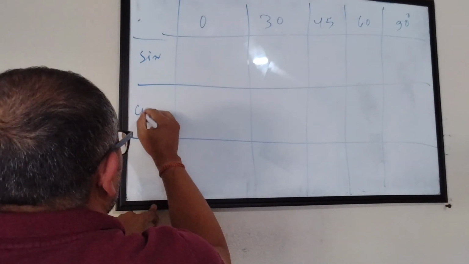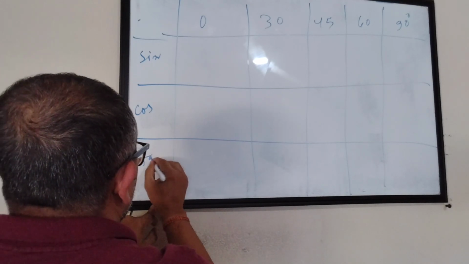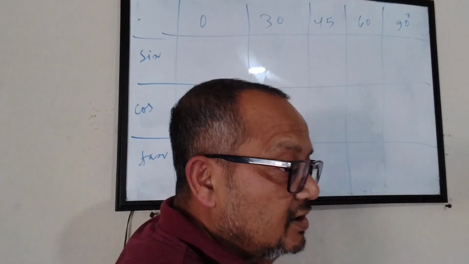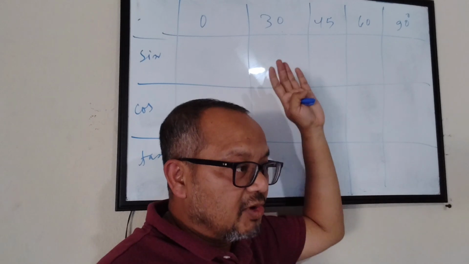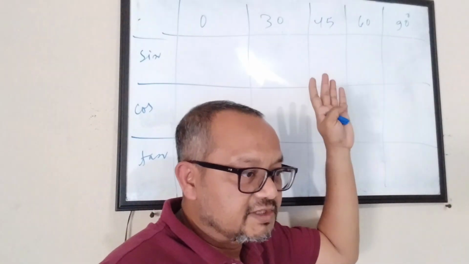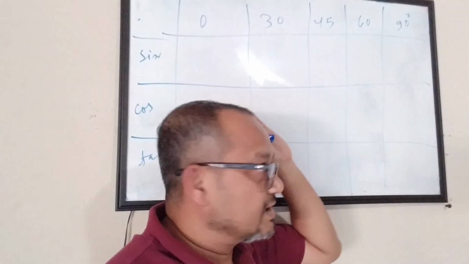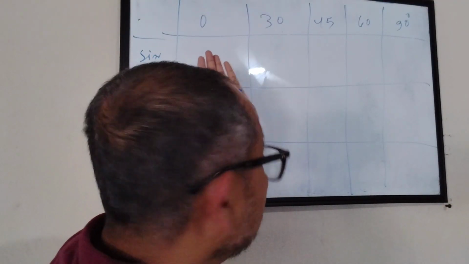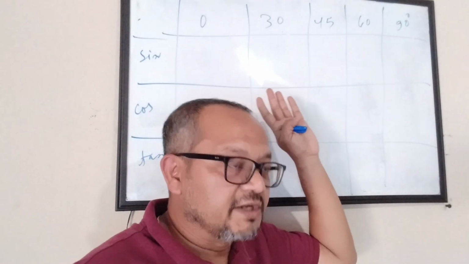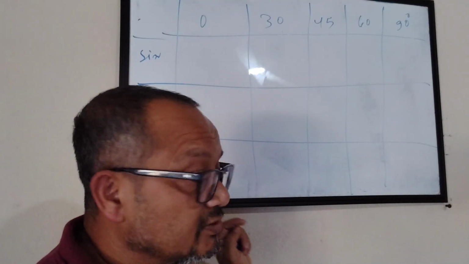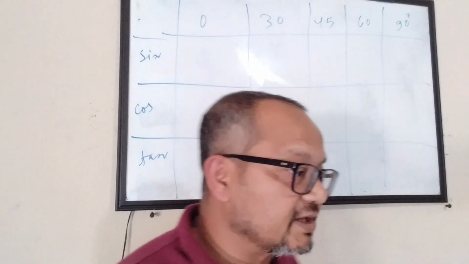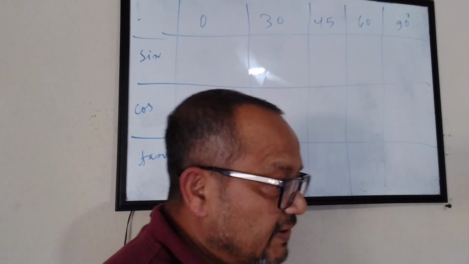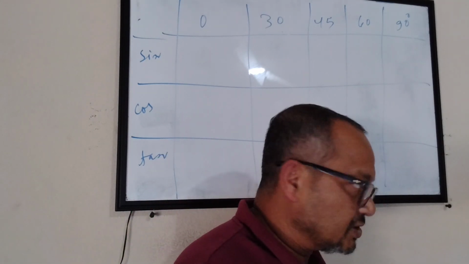It might be a little boring exercise for some of you, but we have tried proving how those values are derived. We are not going to do that exercise again, but we'll just look at the values of sine, cos, and tan for the standard angles, and then try relating that with the radian and see if it resonates well when it comes to the conversion part.